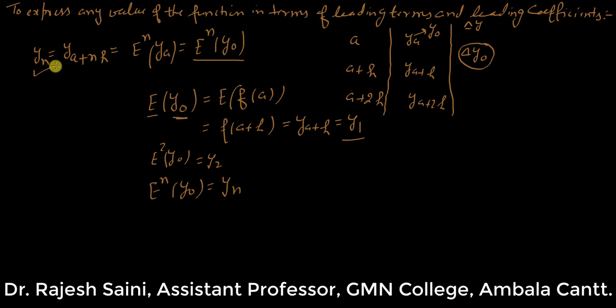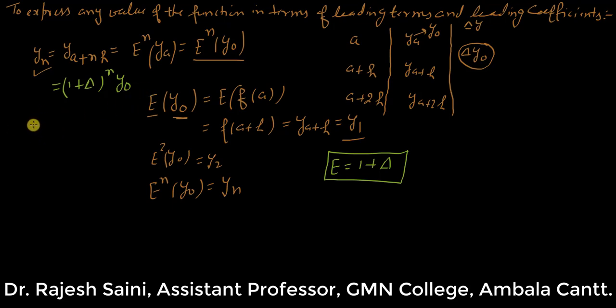And we know the relation between the forward difference and the shifting operator; you derived it in the earlier lecture. So now I am going to put it over here. So this will be (1 plus delta) to the power n, y naught.